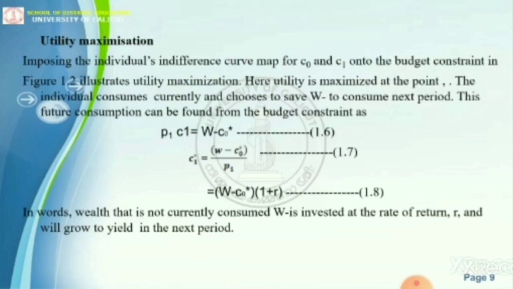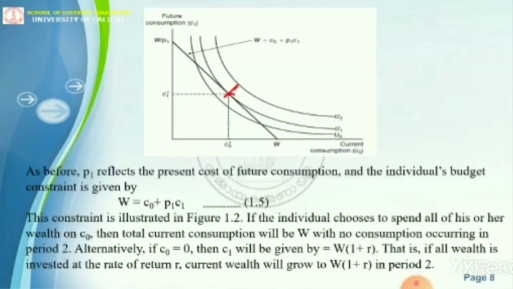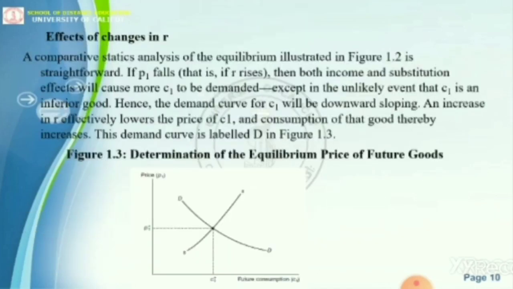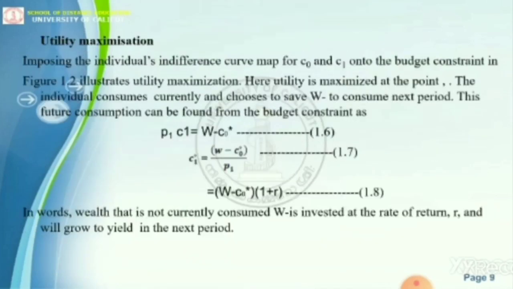Then how is the utility maximized? Imposing the individual's indifference curve map for C0 and C1 onto the budget constraint in figure 1.2 illustrates utility maximization. That means where is the utility maximized? Okay, in that picture, the U1 utility curve is tangent to the budget constraint W, right? Okay, so in that case, utility is maximum.